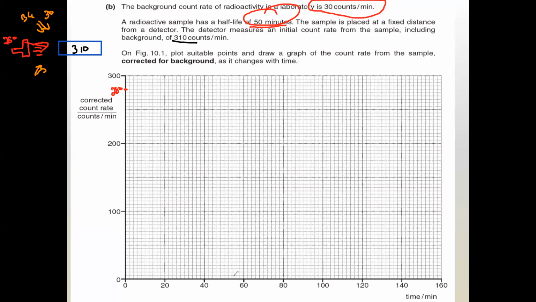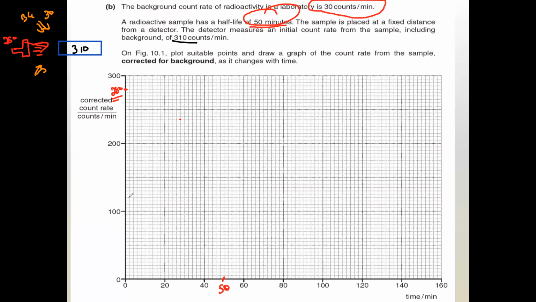On the x-axis, 10 boxes equal 20, so each box equals 2. So 42, 44, 46, 48, and 50. After the half-life, after 50 minutes, it will become half. So what is half of 280?